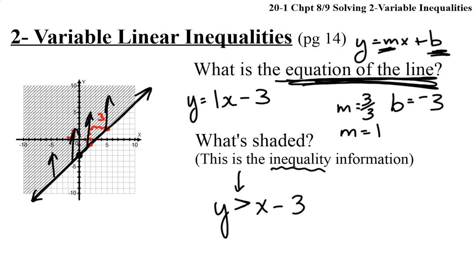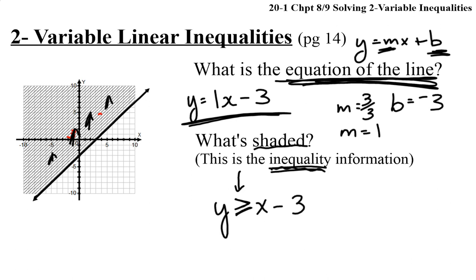The last bit is that the original line is a solid line, so that means we want the line to be part of our solution. So there's our inequality. The equation of the line, and the shaded part tells us what our inequality is. It was above, so we wanted the y values greater than or equal to x minus 3.